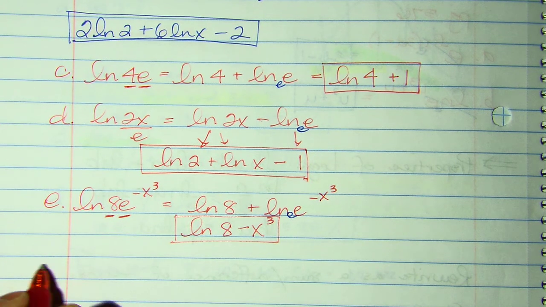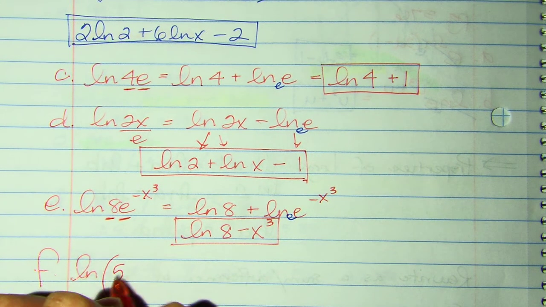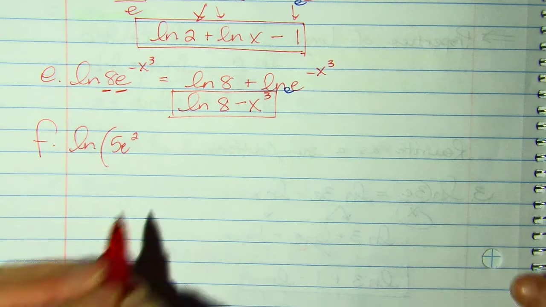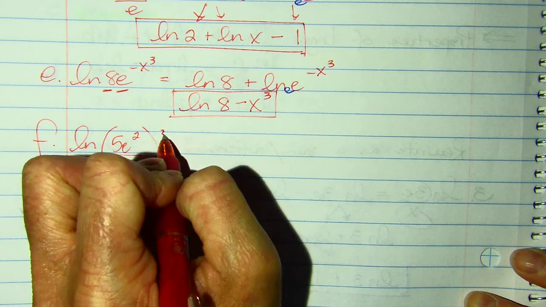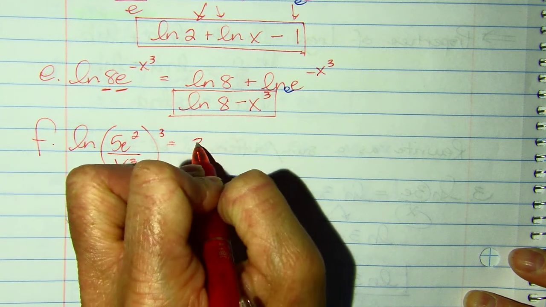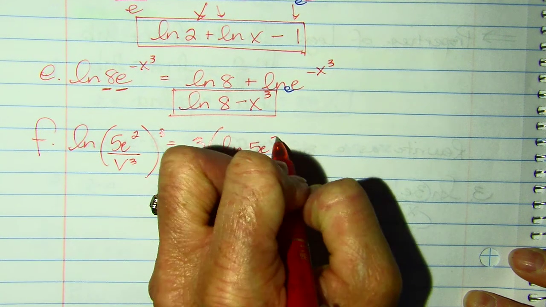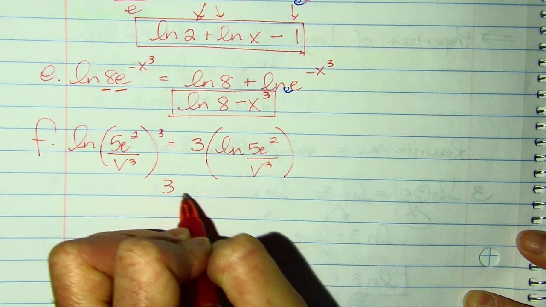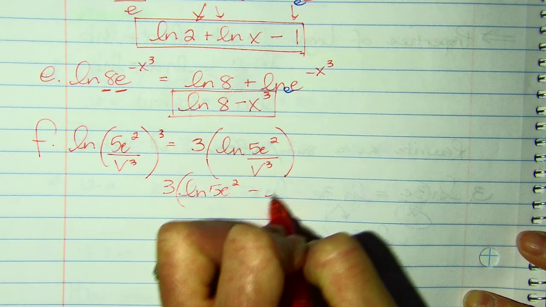Part F, the natural log of 5e squared over e cubed, the third. So the 3 comes out front, and then I'm left with the natural log of 5e squared over e cubed. So I'm going to rewrite this to be the top, natural log of 5e squared, minus the bottom.